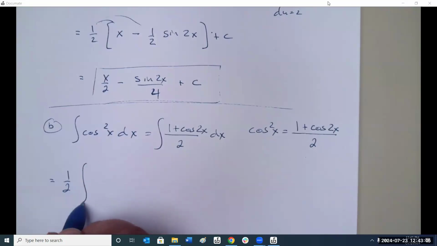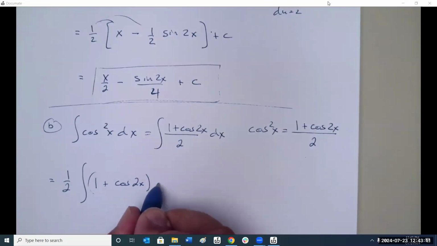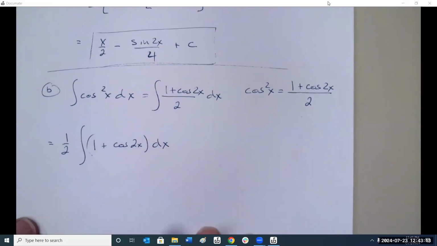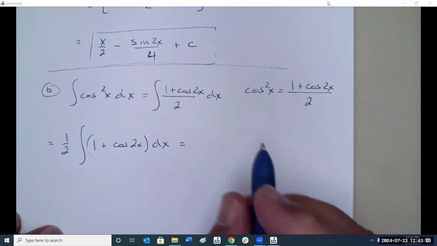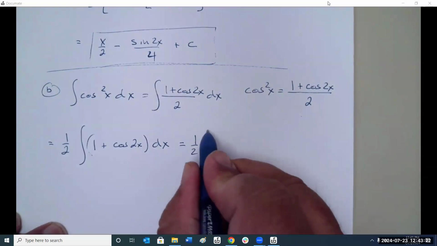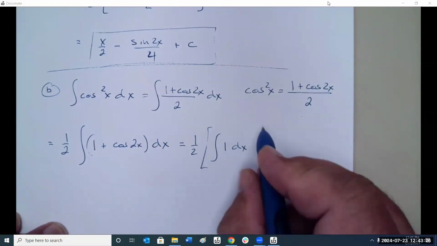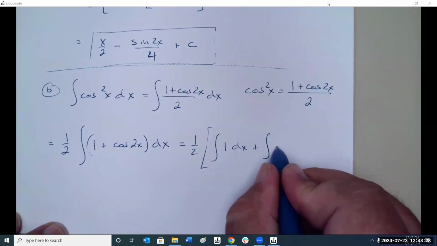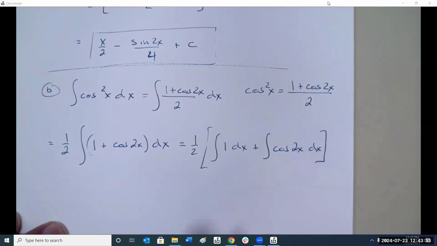Bring the denominator out. 1 plus cosine 2x. Integral of 1 dx plus the integral of cosine 2x dx.